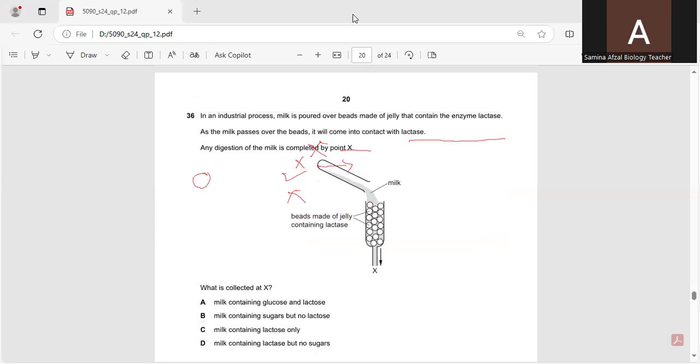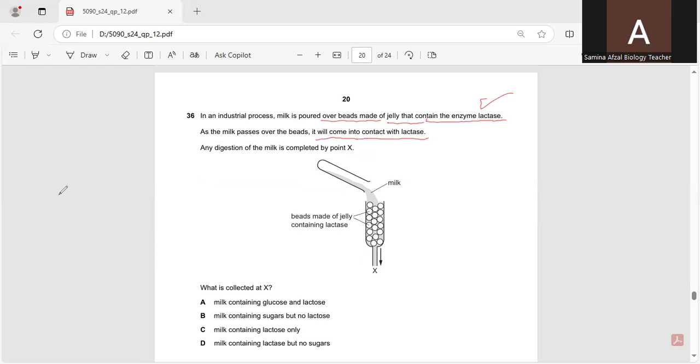And question number 36, the diagram has been shown. In an industrial process, milk is poured over beads made of jelly that contain the enzyme lactase. As the milk passes over the beads, it will come into contact with lactase.